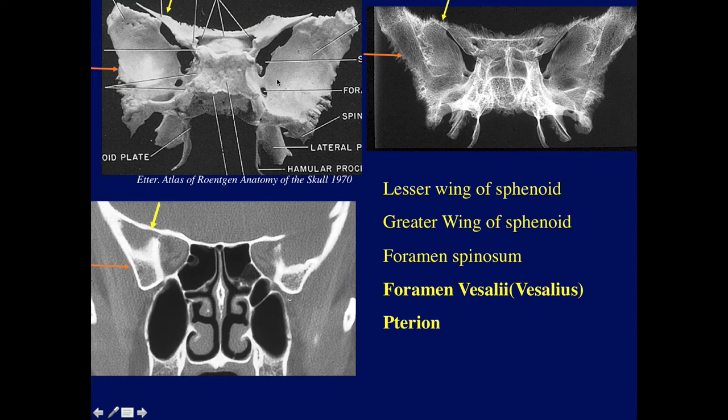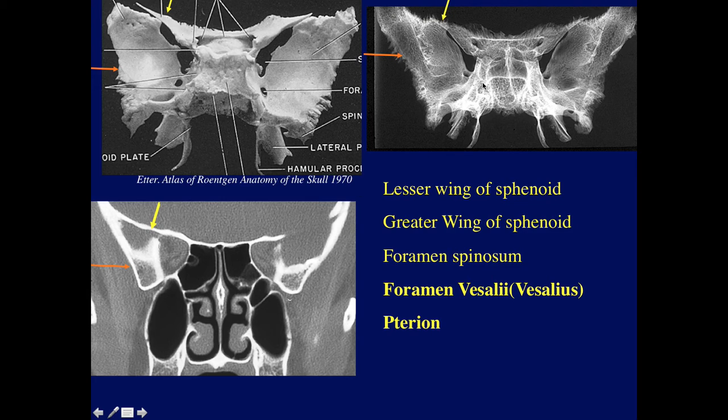If we look at the isolated sphenoid bone from behind, this is the lesser wing of the sphenoid. So the tuberculum sellae would be here, and this would be laterally. Again, this is the superior orbital fissure, foramen rotundum. This is the back here, the dorsum sellae region.